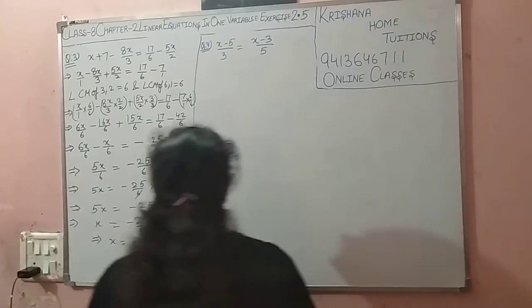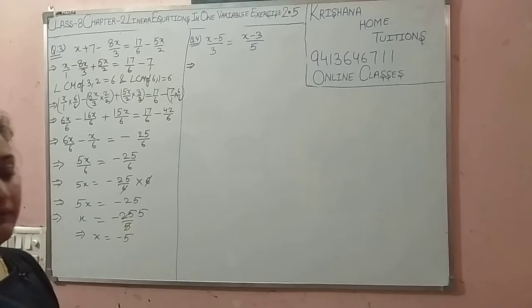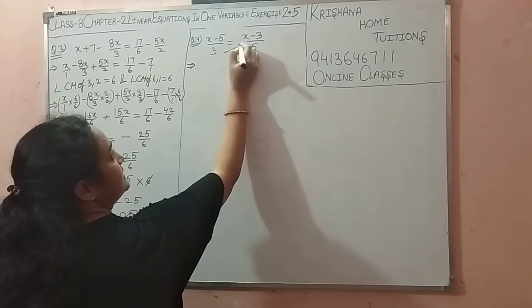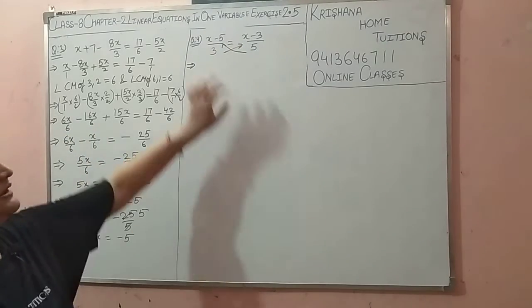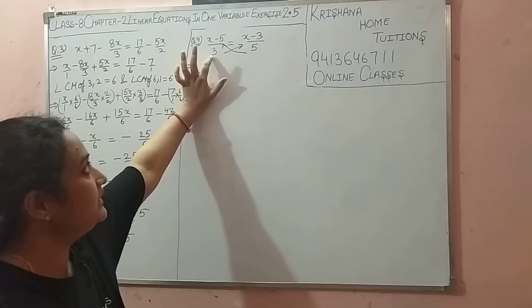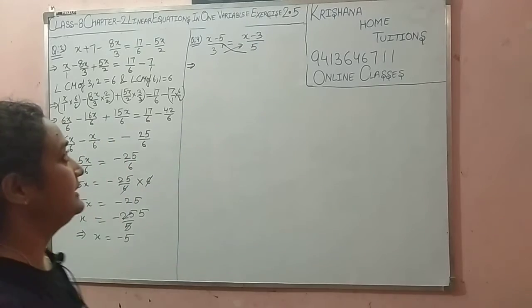Now come to question number 4. In question number 4 it is a little bit different. Here what we will do, we will cross multiply the terms. The denominator of the right hand side will multiply with the numerator of the left hand side and the denominator of the left hand side will multiply with the numerator of the right hand side.